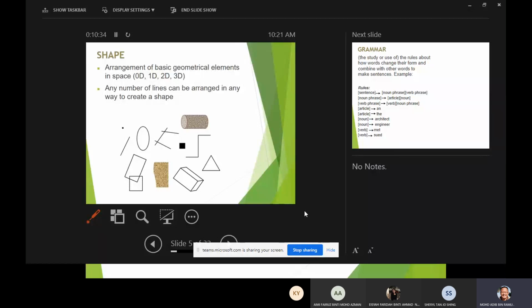But it is actually more than that, at least for the application in this module, in the concept of shape grammar. Shape can be more than that. As you can see on screen, it can be a cylinder, just a few overlapping lines, a cuboid, or organic shapes and so on.